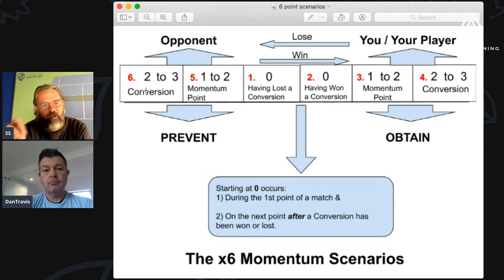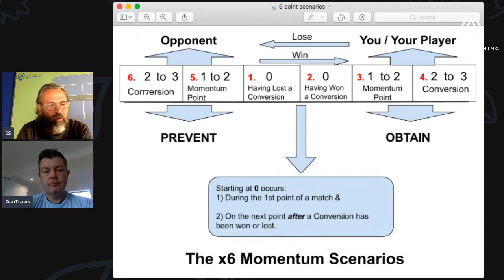And the reason why we have a hard time sustaining conversions back to back to back is because we just get too loose. We don't understand that we're actually in a place of danger, because it's much harder to continually win multiple points in a row.